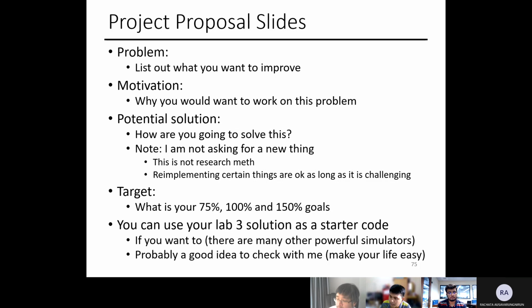Another thing is, once you finish lab 3, feel free to use that as starter code. Lab 3 would extend lab 2 to include more things we learned. But you can do other powerful things like modeling the main memory, or modeling the cache and the main memory, or modeling things that you want to model.